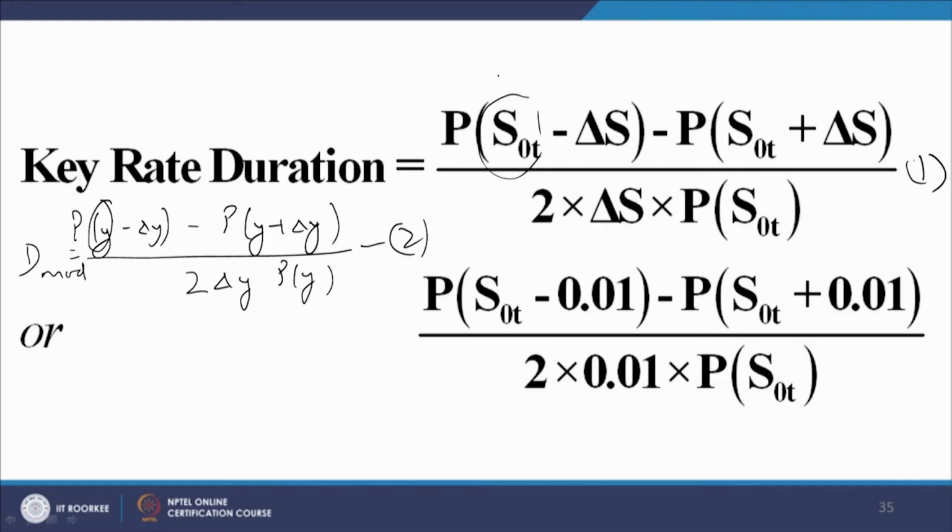So, you can write it as a function of that particular t. The formula for computation of key rate duration is exactly the same as the formula used for computation of effective duration. The only difference is, in the effective duration we use a universal rate, the YTM, while in the case of the key rate duration, we use a specific rate for which we want to work out the percentage price change.